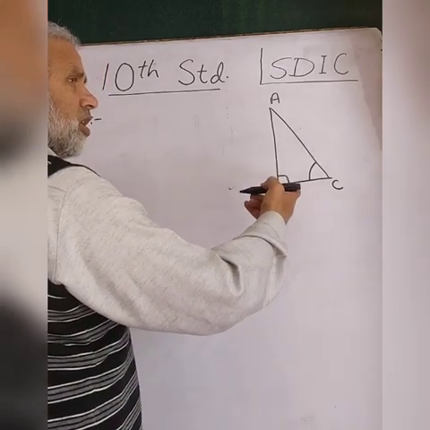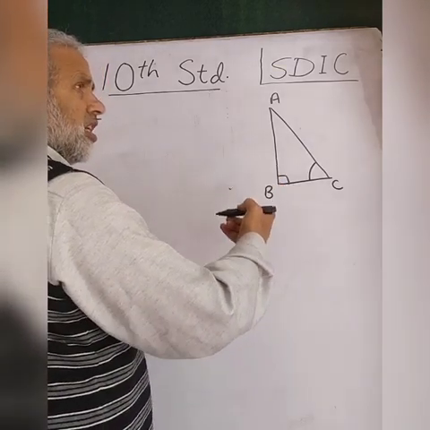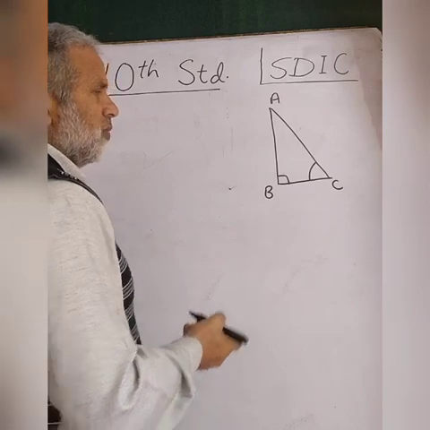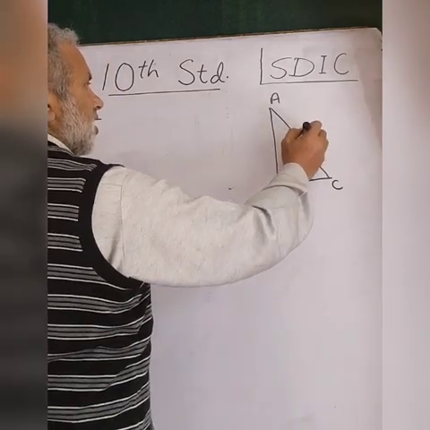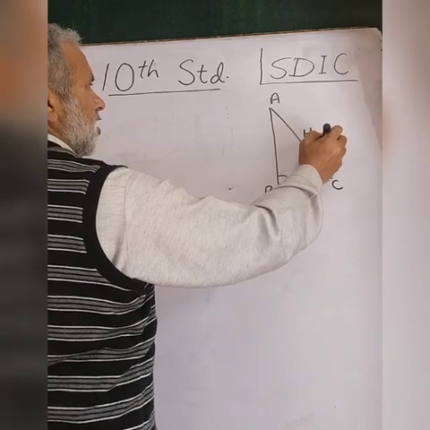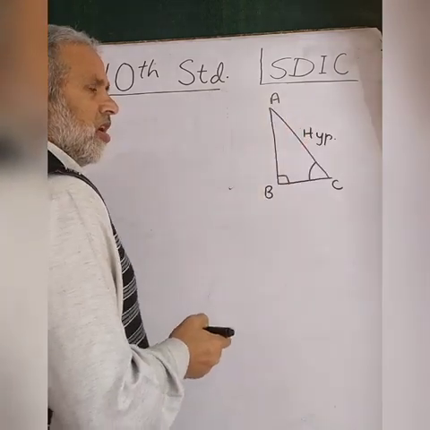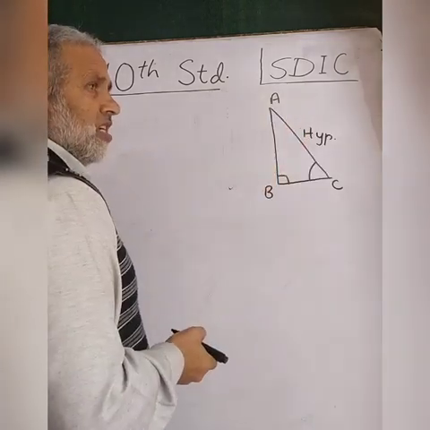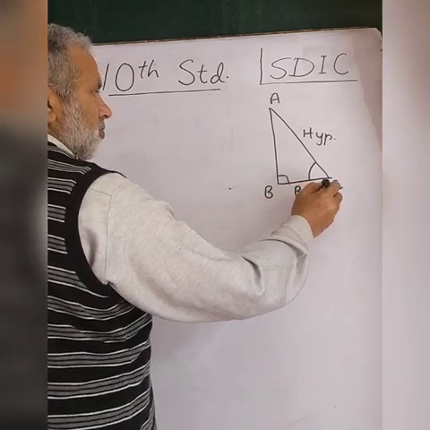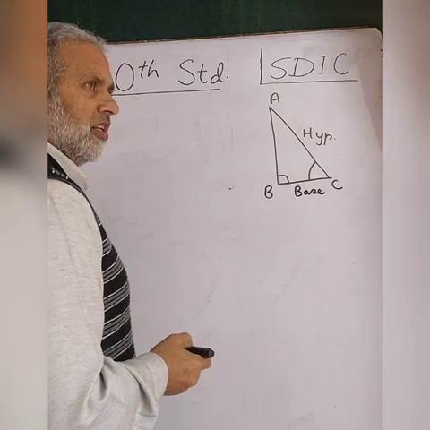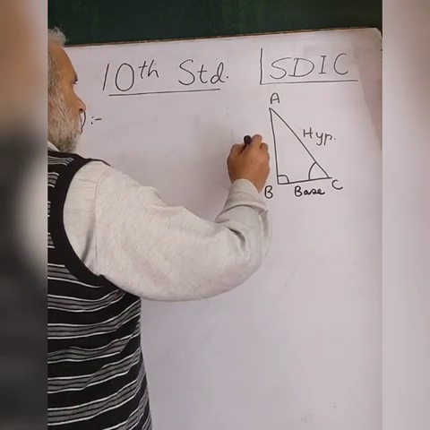Now, with respect to the acute angle that you choose, you can decide base and perpendicular. Hypotenuse does not depend on it. That is the side opposite to right angle, and you can identify here it is AC. With respect to acute angle C, BC will be the base. Use the procedure we have already discussed to identify. AB is the perpendicular.